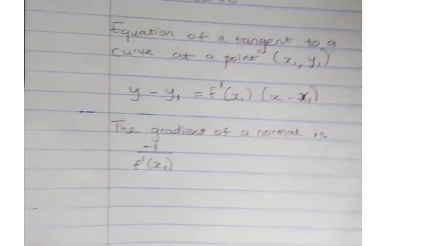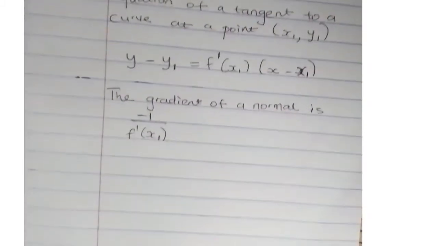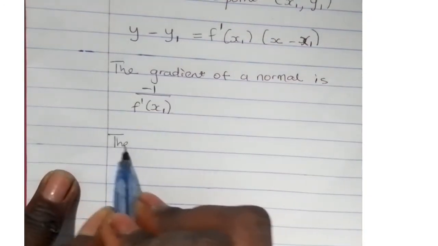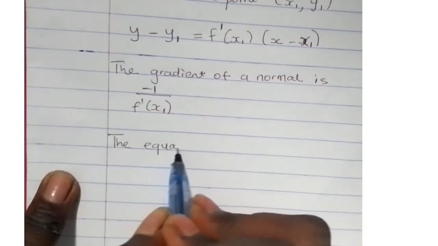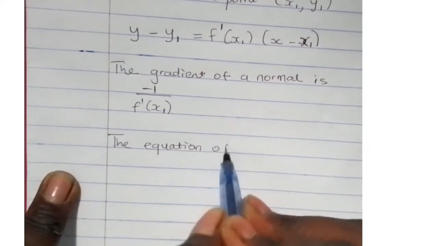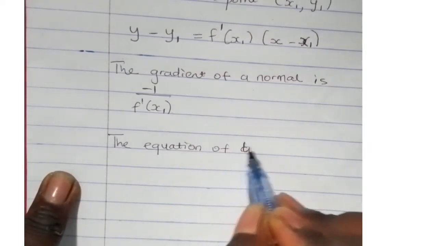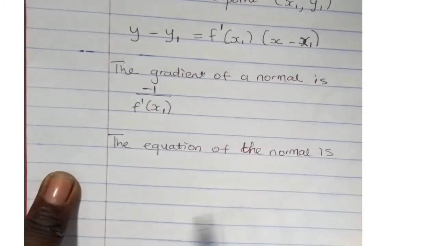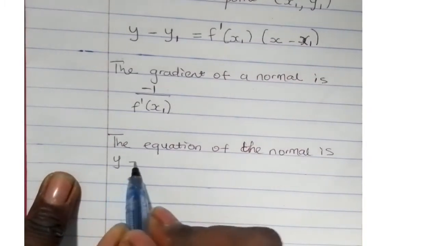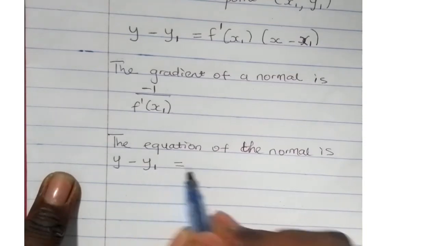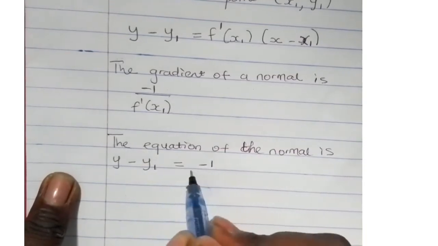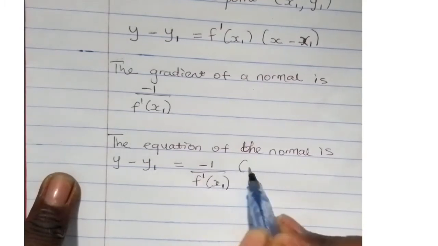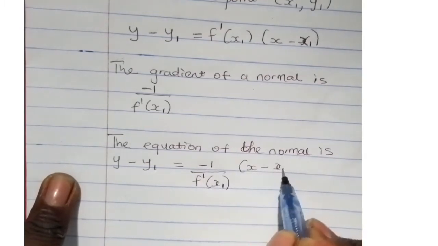Now, the equation of the normal is y minus y1 is equal to minus 1 over f prime of x1 into x minus x1.